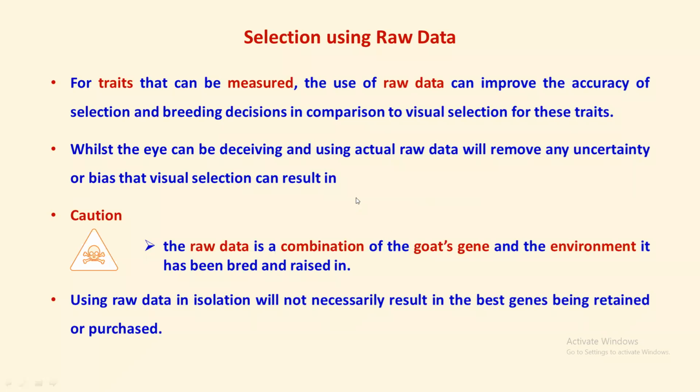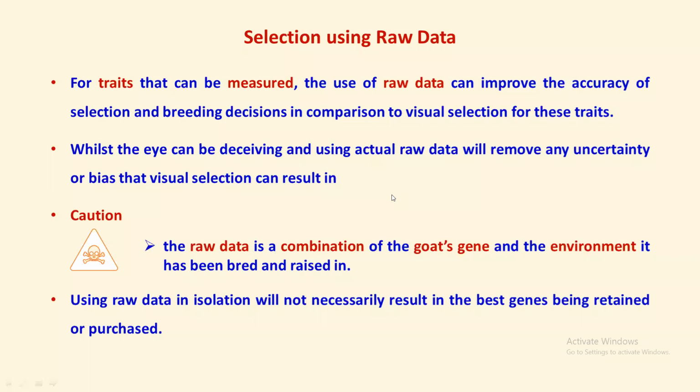Now we will see how we can use the raw data along with the visual traits, which will improve your selection. The use of raw data can improve the accuracy of selection and breeding decision in comparison to visual selection for this trait. See, if you select the animal only based on visual observation, then your eye might sometimes be deceiving.